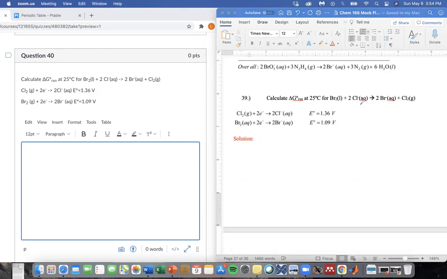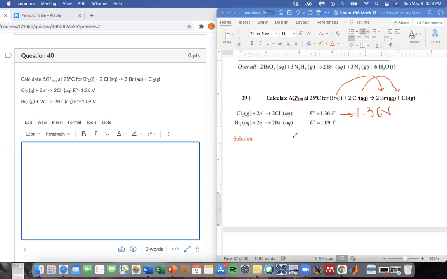Because in this reaction, we're actually already told which one is oxidized and which one is reduced. So the Br2 is being reduced and the Cl2 is being oxidized. And because the Cl2 is being oxidized, even though it's not conducive, it would be negative 1.36 because it's being oxidized, since we're given the chemical equation here.